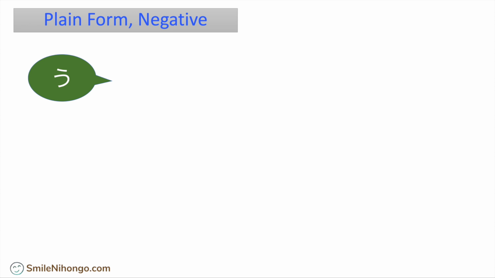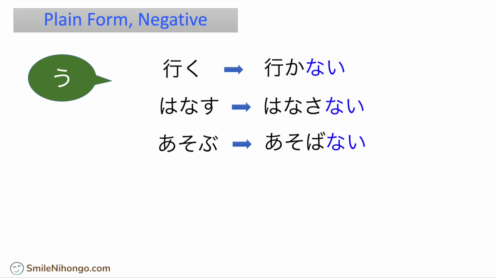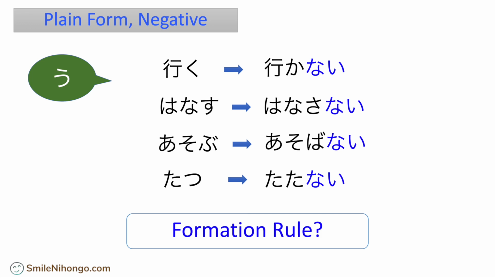Do you see any patterns as to how to convert plain u verbs into the negative form? 行く、行かない。話す、話さない。遊ぶ、遊ばない。立つ、立たない。 What's the formation rule here?